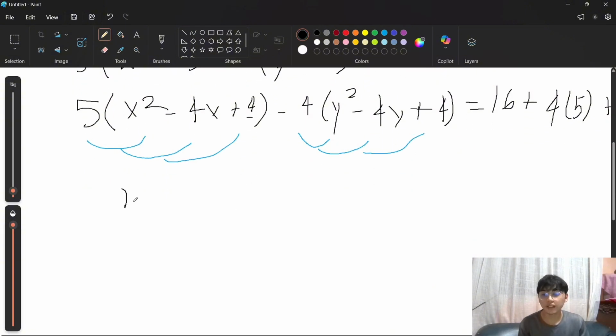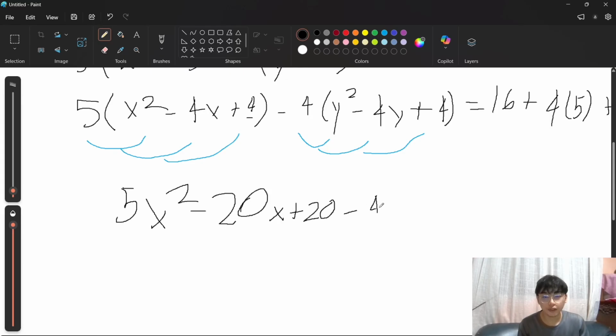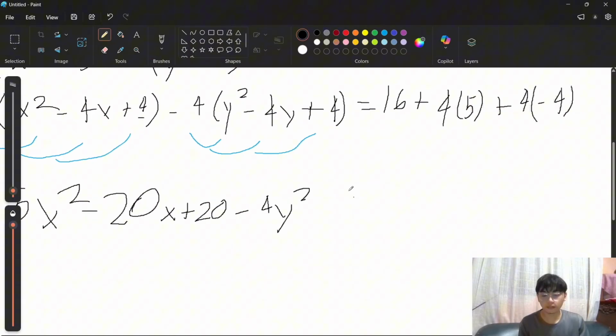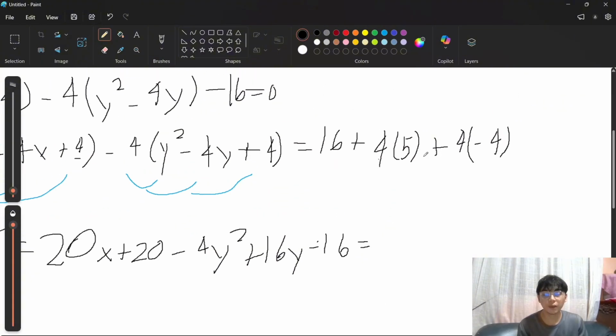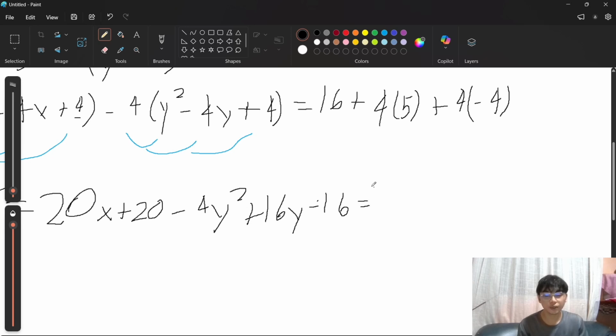So this would be 5x squared minus 20x plus 20 minus 4y squared plus 16y minus 16 is equal to, and then let's do the operations to the right hand side, so that should be equal to 20.